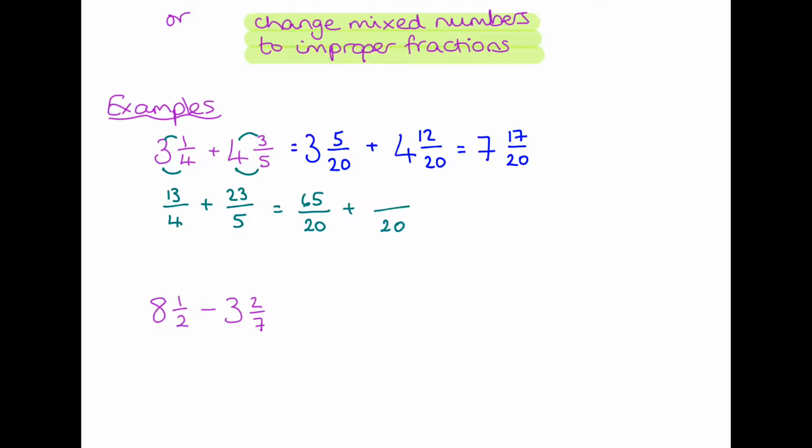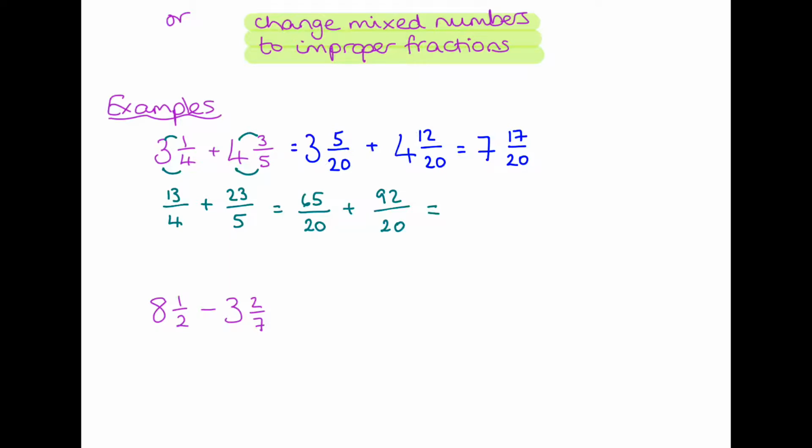Then the second one, 5 has been multiplied by 4 to give us 20. So we need to multiply 23 by 4 to go on the top here. So 23 times 4, if you double it and double it again, you get 92. So we've got now 65 over 20, add 92 over 20.